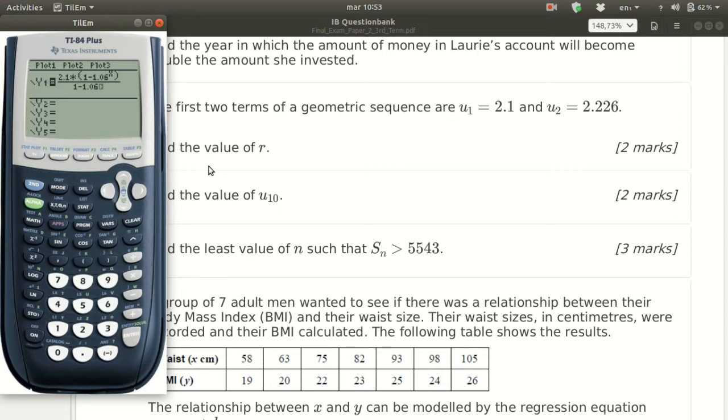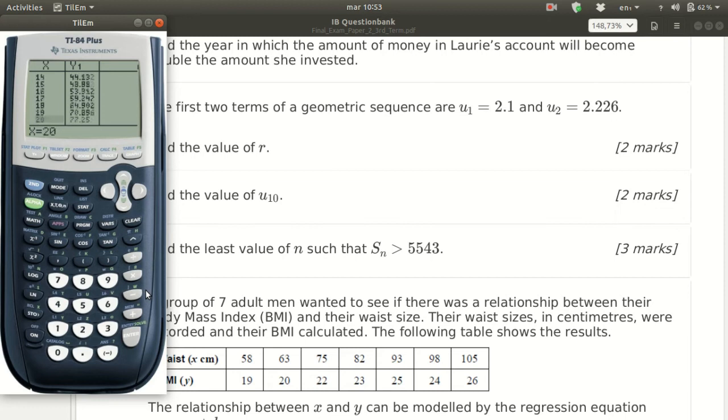Okay, and I want to find x, right? I want to find x. So instead of graphing, I'm going to go to second table. All right, and these are all the values for the different x's.